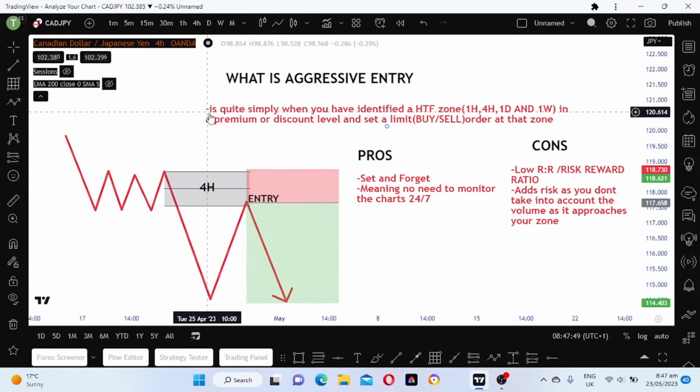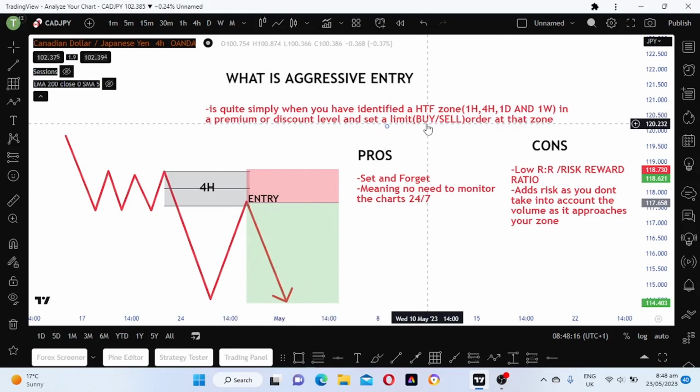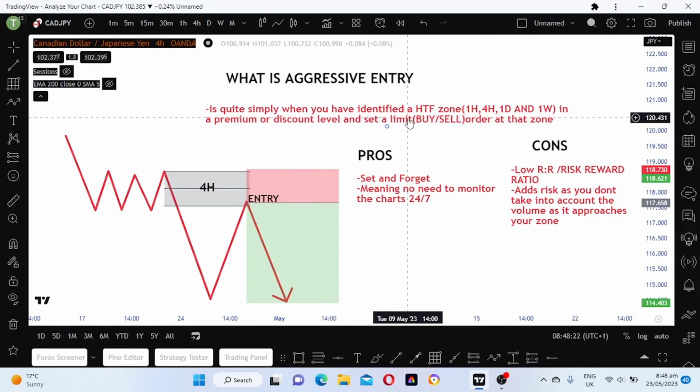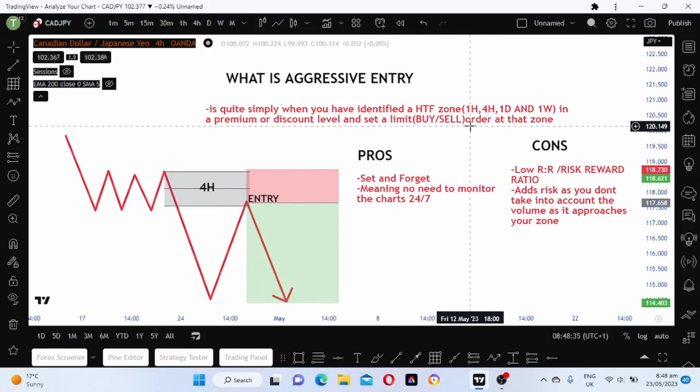Aggressive entry is quite simply when you have identified a high time frame zone, like H1, H4, day 1, and weekly, in a premium or discount level, and set a limit, either a buy or sell order, at that zone.